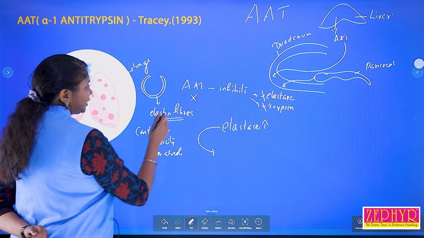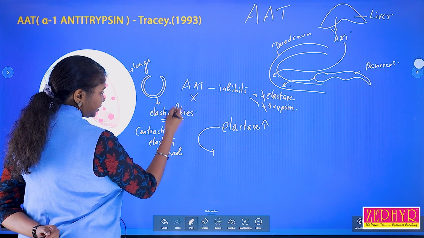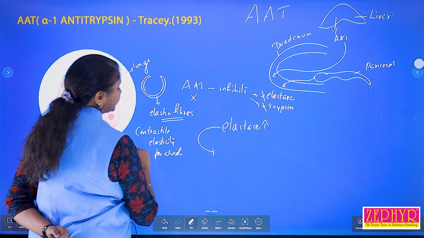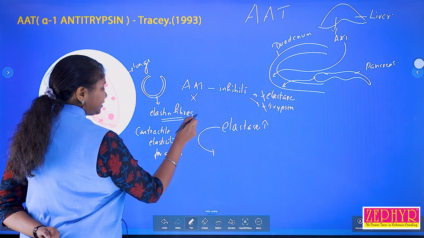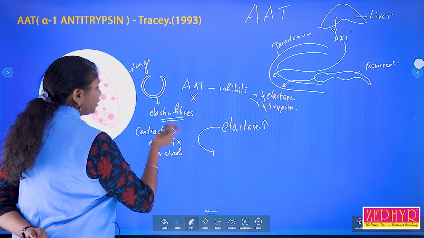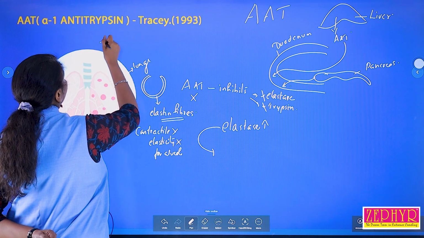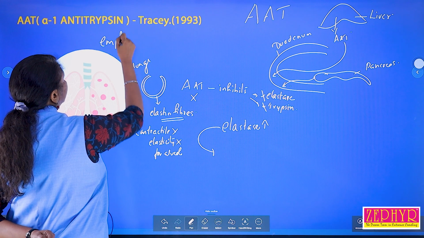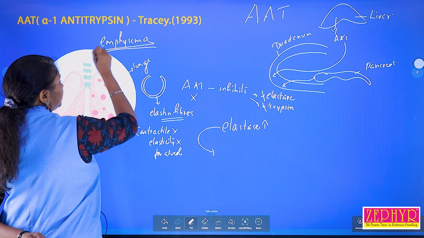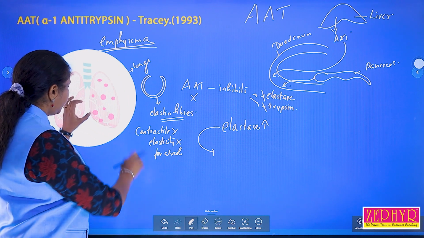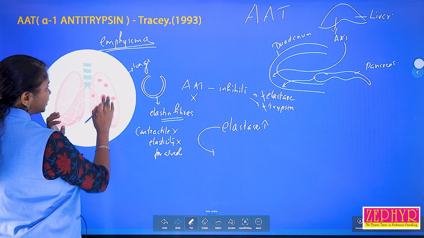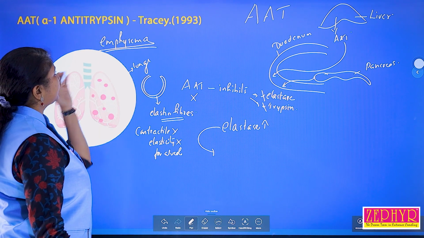Now, once the elastin fibers are lost, because they get digested by the enzyme elastase, it will lose this contractile property, or the elasticity, and loss of elasticity is what we call emphysema. Oh my God, another disease. Once you lose this, your alveoli will be comparatively distended like this. See the blotches in there? So we get emphysema in there.